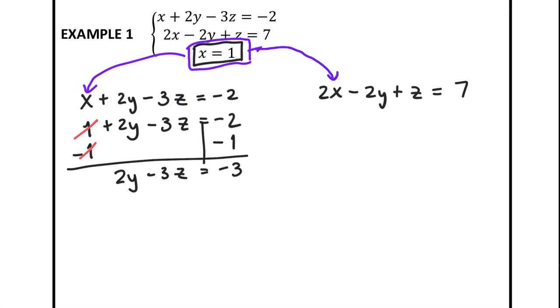Okay, so plugging it in there, it's going to be 2 times 1 minus 2y plus z equals 7. 2 times 1 is 2.